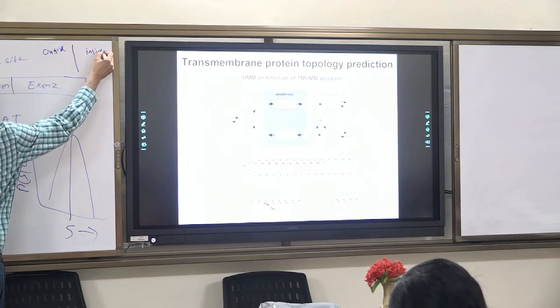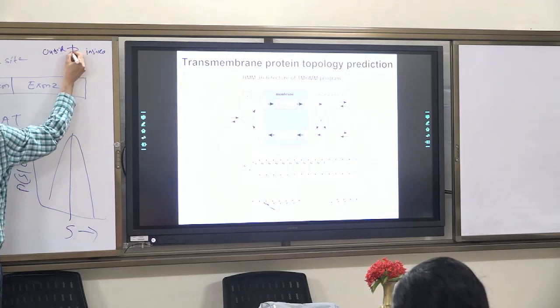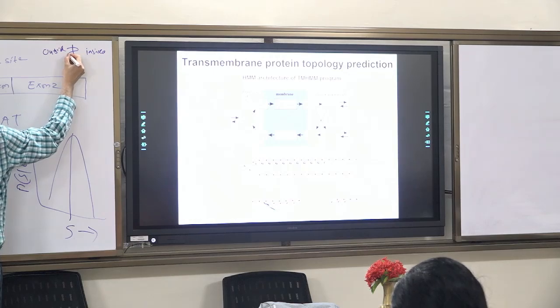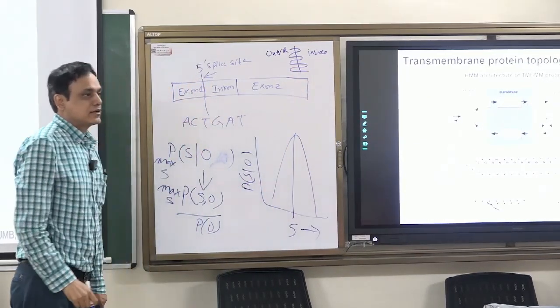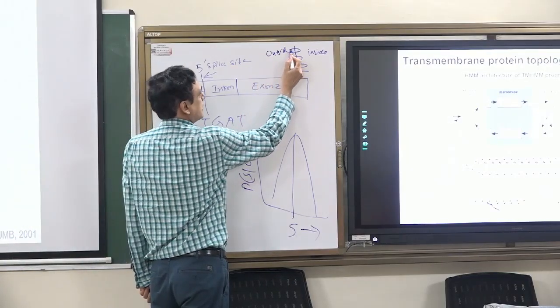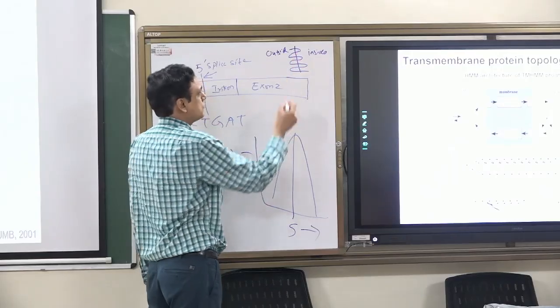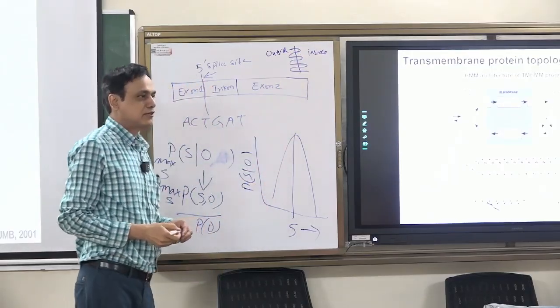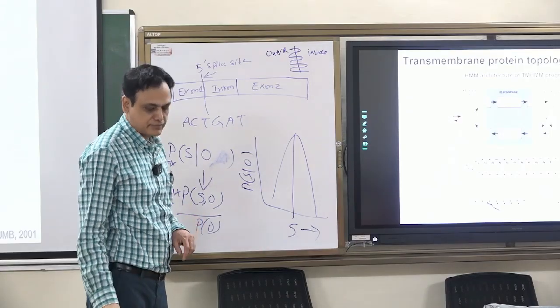Okay, so a transmembrane protein spans the membrane, so it goes inside and then comes outside. Okay, and you would want to know which residues are outside, which residues are inside, and which are within the membrane. Okay, so that's called topology of the transmembrane protein.